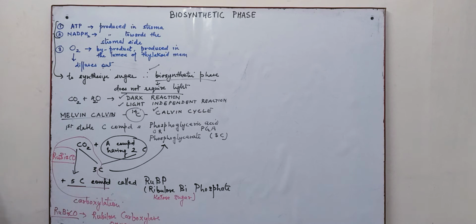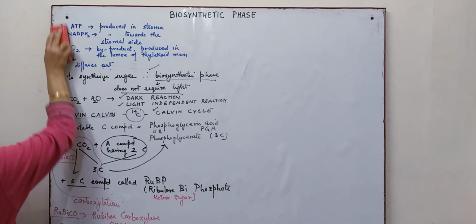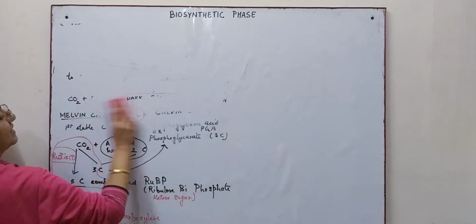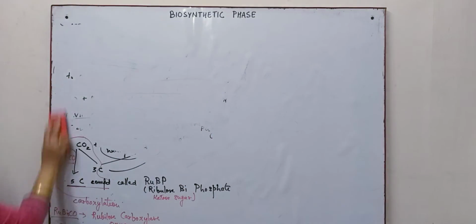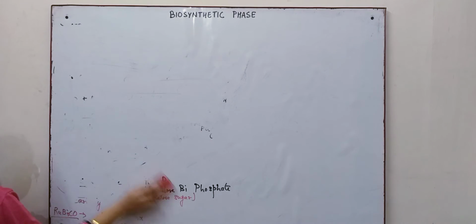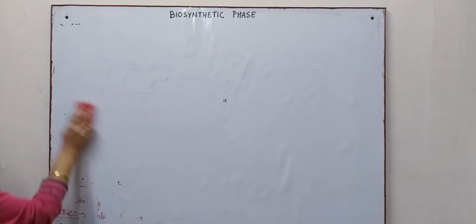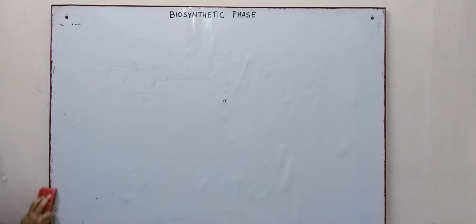Now, let us study the Calvin cycle in detail. We find that the Calvin cycle is clearly divided into three major steps, and I will explain each of the steps here.